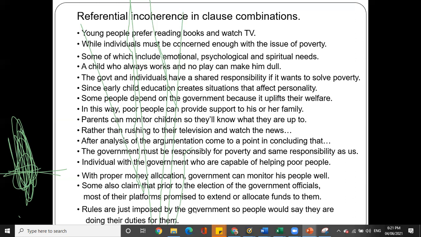I don't even know what them refers to. So rules are just imposed by the government. So people who say that they are doing their duties for themselves, or for the government itself. Yeah.